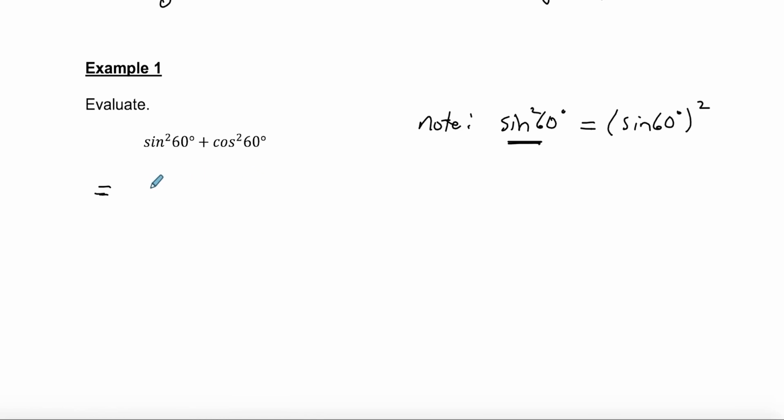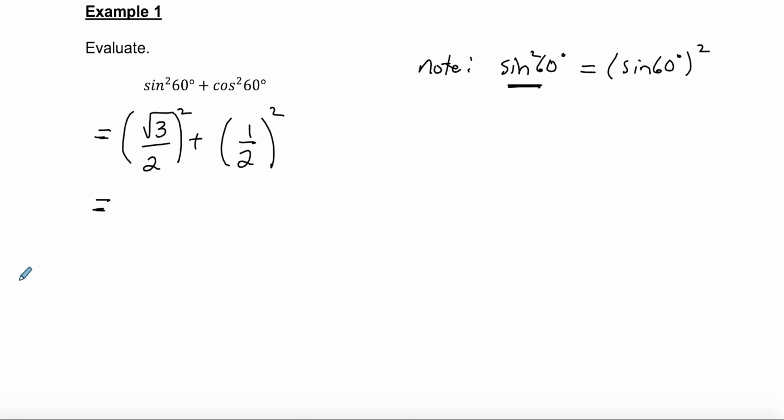So sine of 60 was root 3 over 2, and the cosine of 60 was 1/2, but it's squared. What's the sine of 60 squared plus the cos of 60 squared? And we're not really looking for decimals in this kind of question. We're looking for you to simplify, maybe get common denominators. So when you square something, you square the numerator and the denominator.